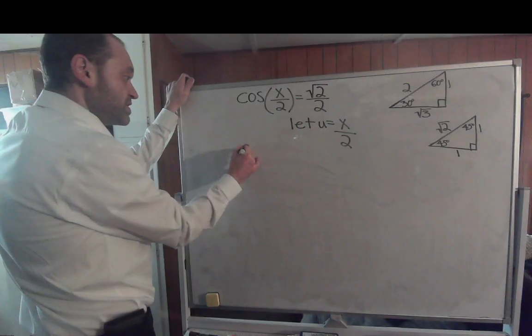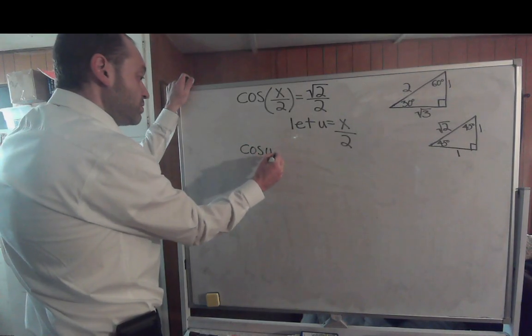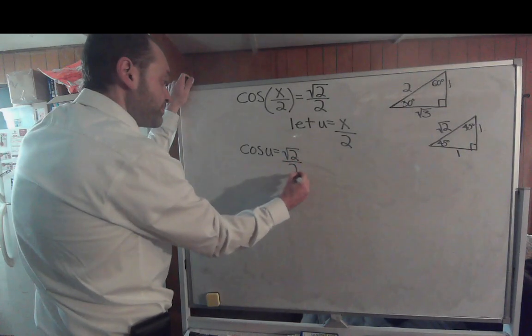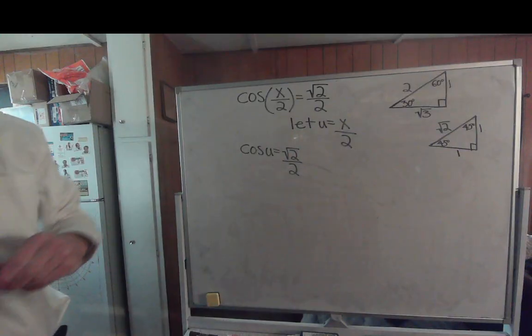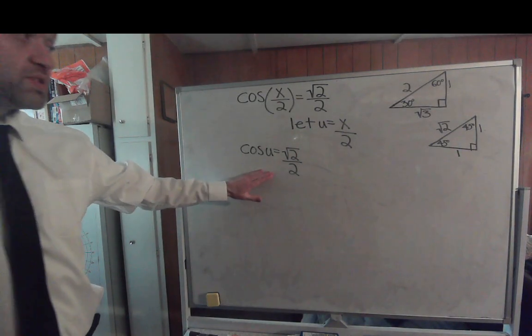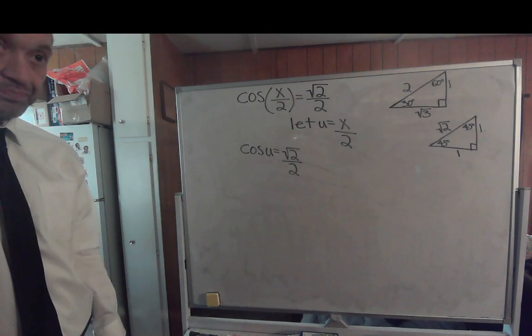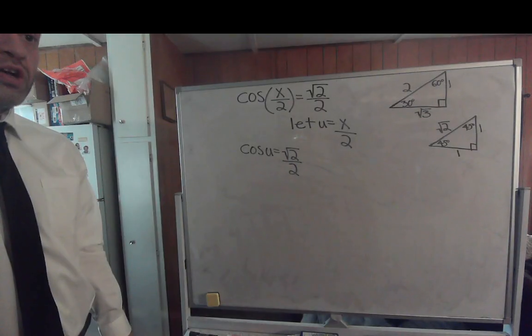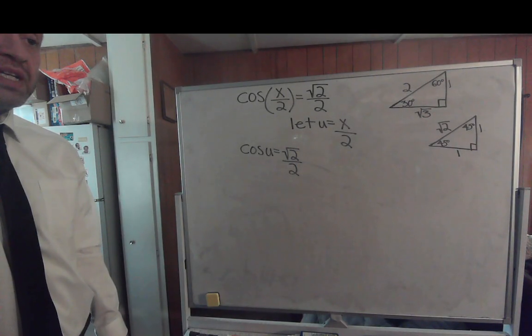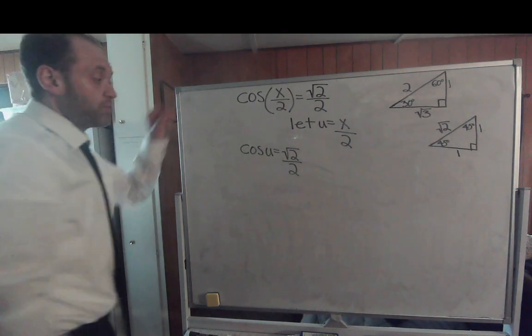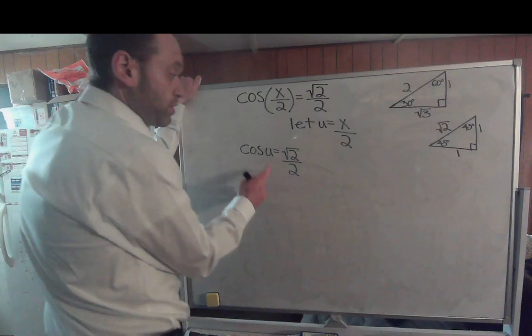So we can turn this into the cosine of u equals the square root of 2 over 2. Alright, so now we got to deal with a positive cosine. So once again, where is the cosine positive? Well, the cosine's going to be positive in the first and fourth quadrants.